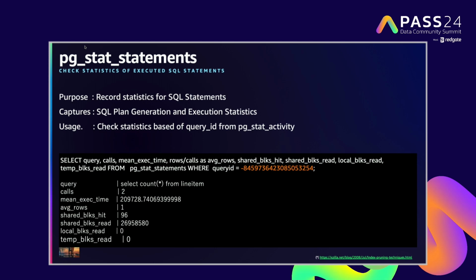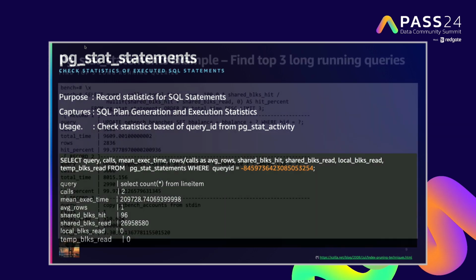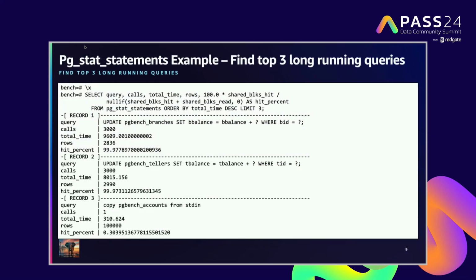So you can keep track of all of your statement executions, how much time it took, how many rows it touched, etc. from here. So if you want to find your top executing SQL statements, you can look at the elapsed times of these queries, you can aggregate them and come up with your top 10 SQL statements, etc. So here is a sample query you can run against pg_stat_statements.